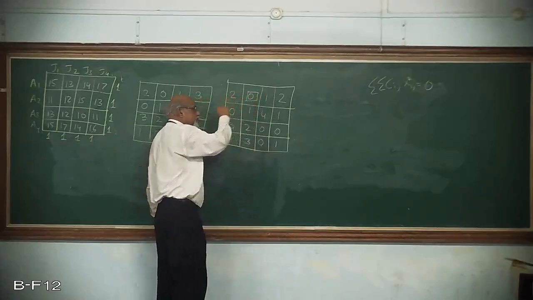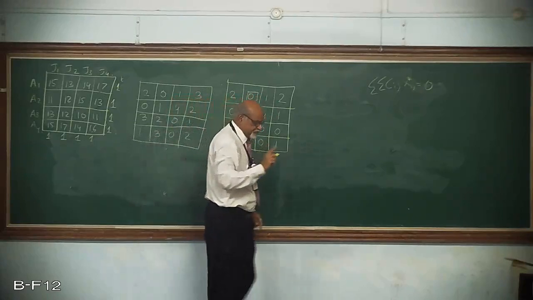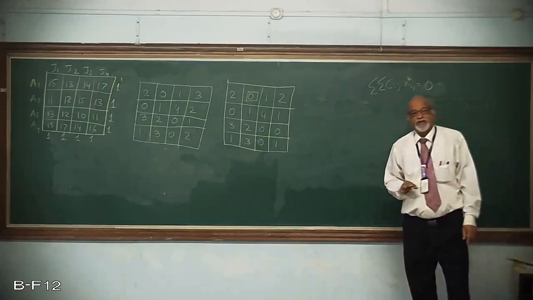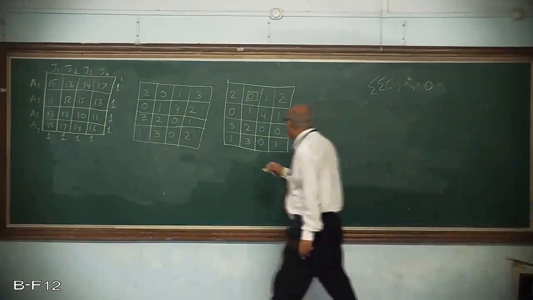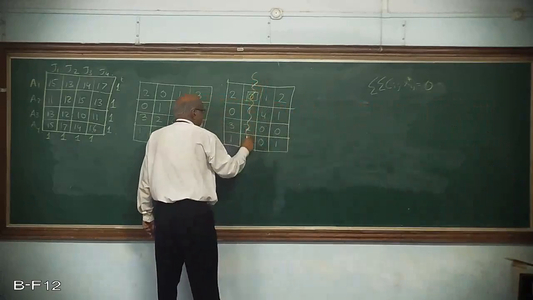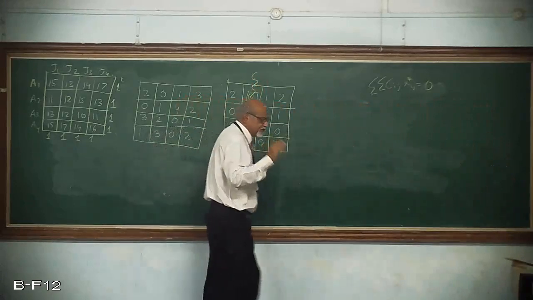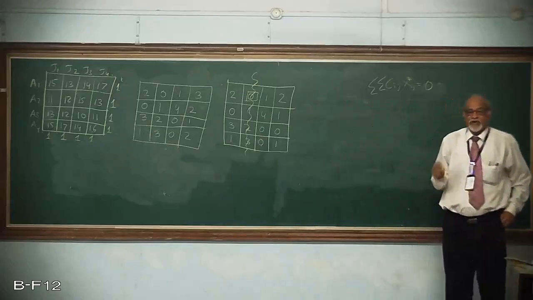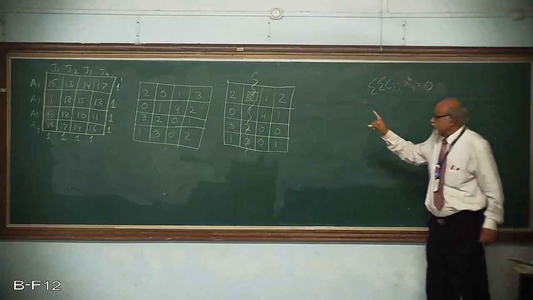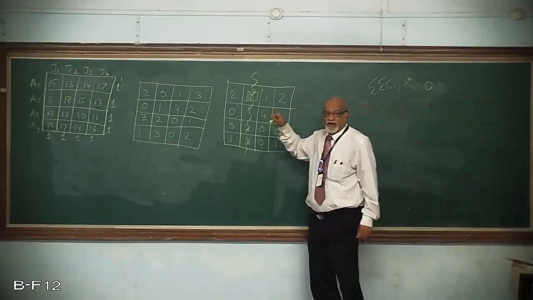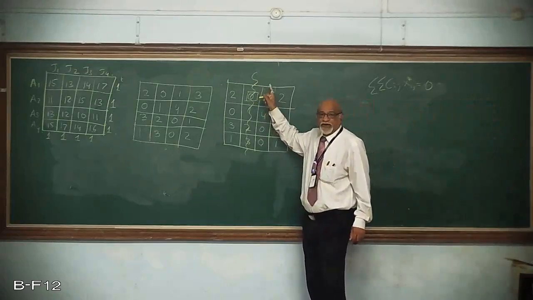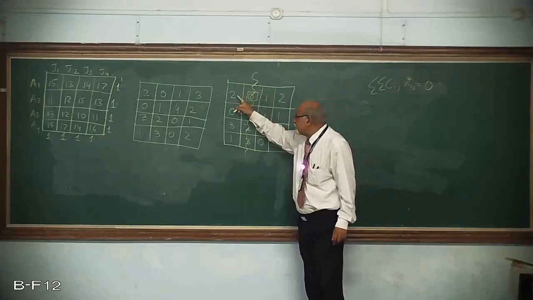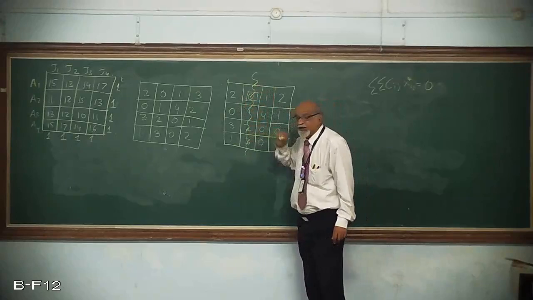Since I am going row wise, I will draw the vertical line. It has got particular significance; we'll come to know about it. This is the method: first you start with the first row and scan till you get exactly one 0. Since I am going row wise, I have drawn the vertical line.